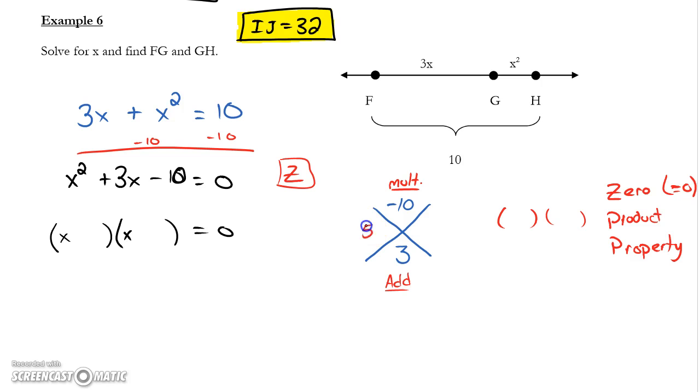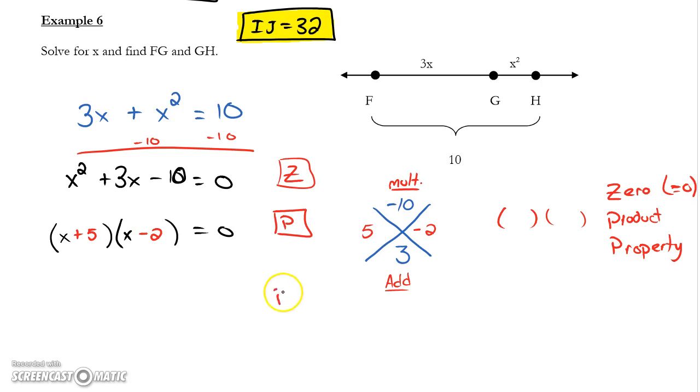Hopefully, you have found that 5 times a negative 2 will give me negative 10, and 5 plus a negative 2 will give me a positive 3. Those are the factors I add into my binomials here. I do x plus 5 since the 5 is positive, x minus 2 since the 2 is negative. That's the product portion of the ZPP process.